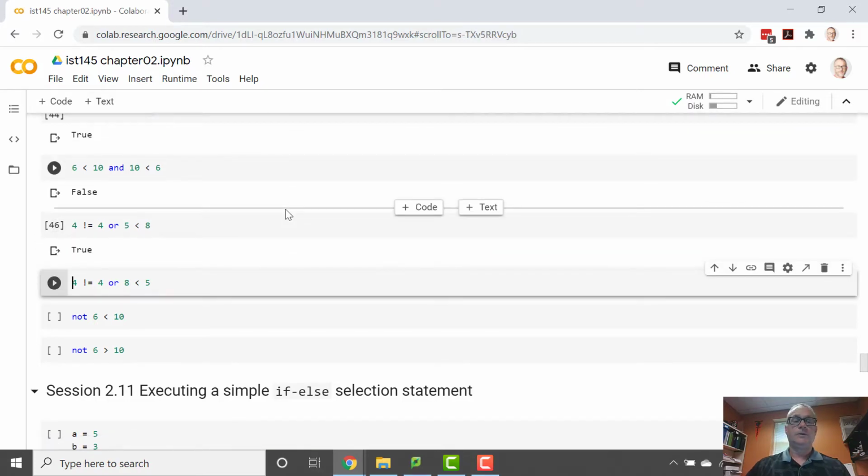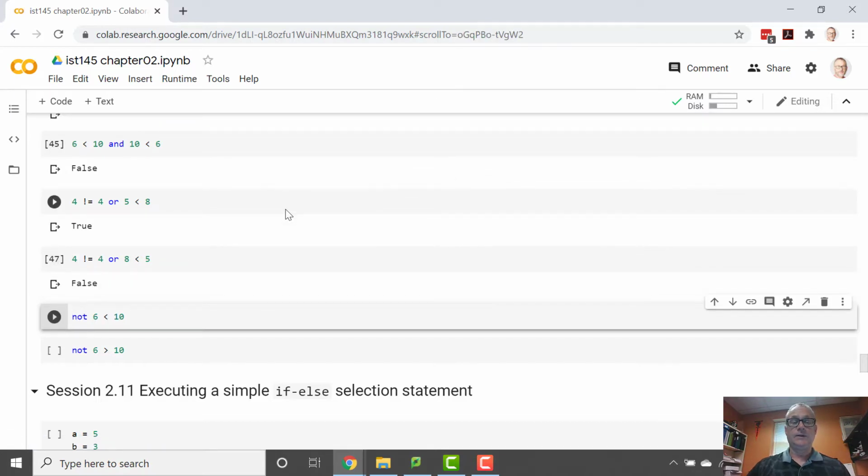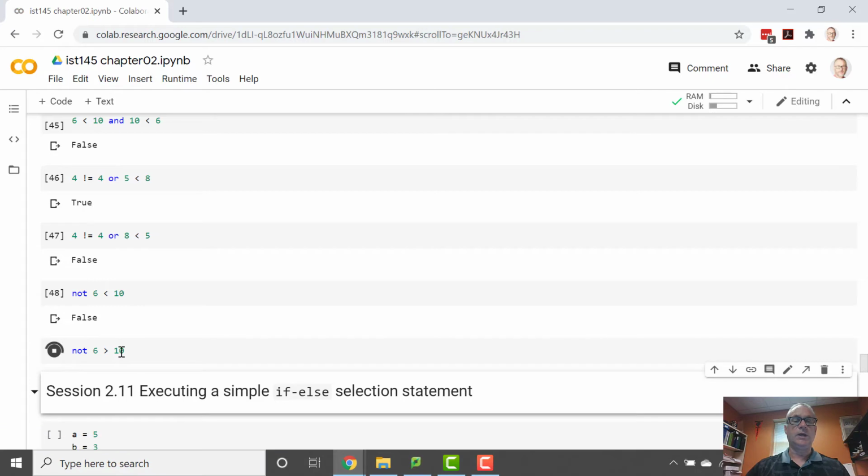True. 4 is not equal to 4 or 8 is less than 5. False. Now, nots get a little crazy. They're hard to understand, but not 6 is less than 10. Well, 6 is less than 10 is true, so not true would give us a false. And not 6 greater than 10 should be true.